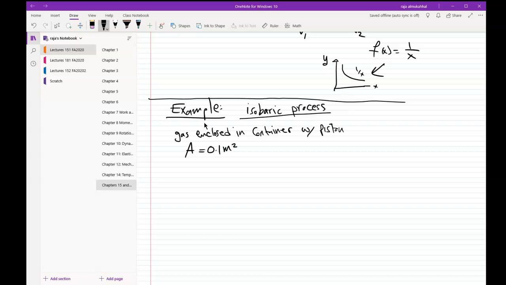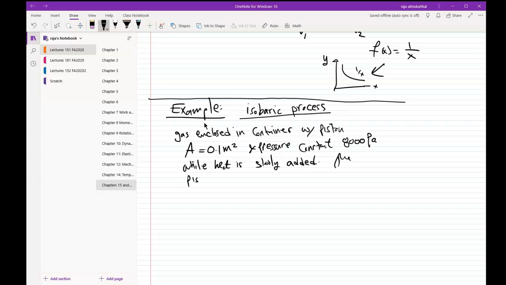Okay, and pressure is maintained constant at 8,000 Pascal, while heat is slowly added. Now the piston is pushed up 4 centimeters.